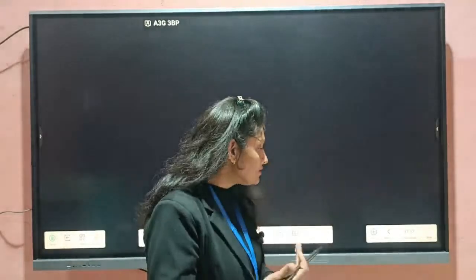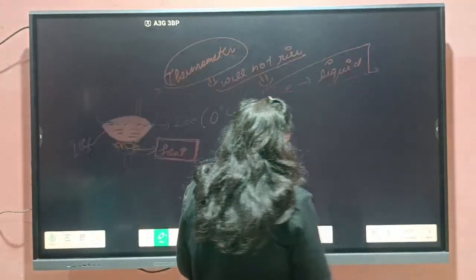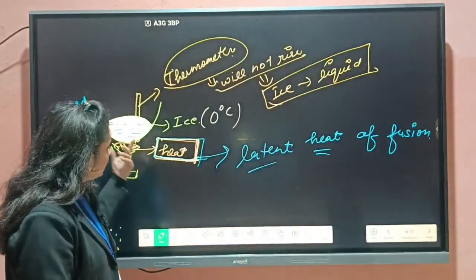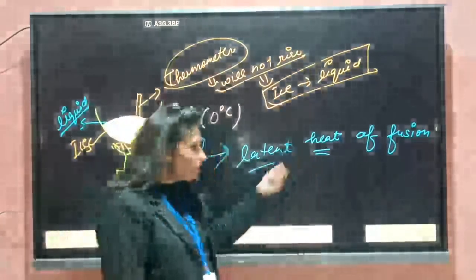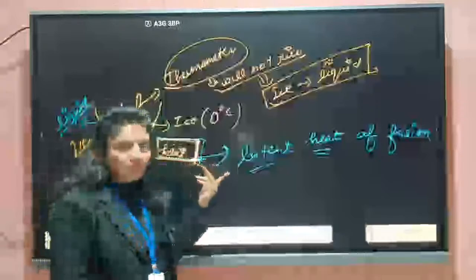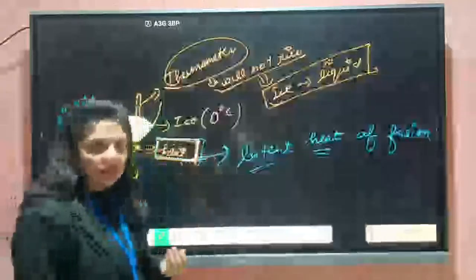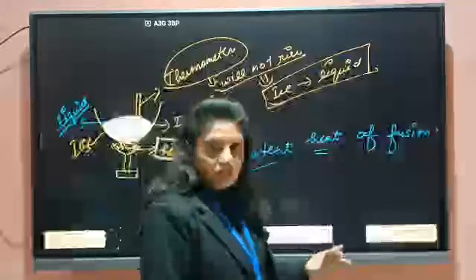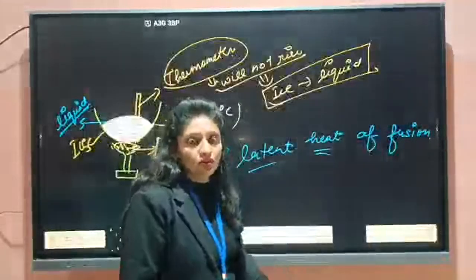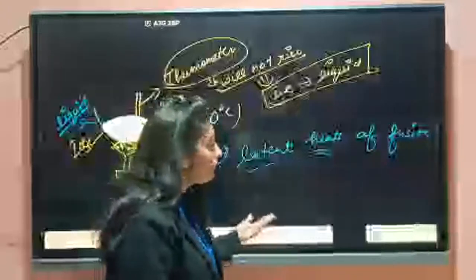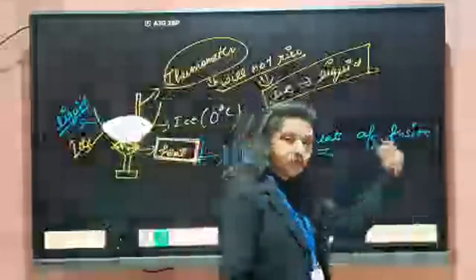So yesterday we discussed that the heat required for conversion of 1 kg solid into liquid, the process of conversion of solid into liquid is known as fusion. So that heat required for conversion of 1 kg solid into liquid is known as latent heat of fusion.